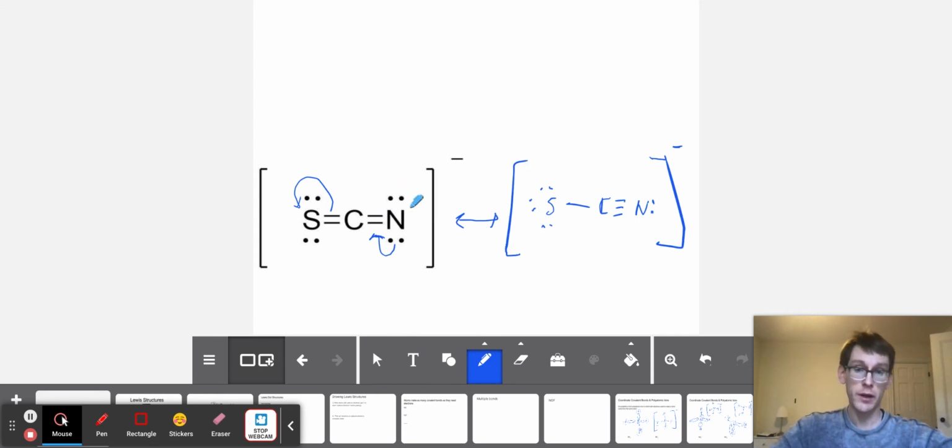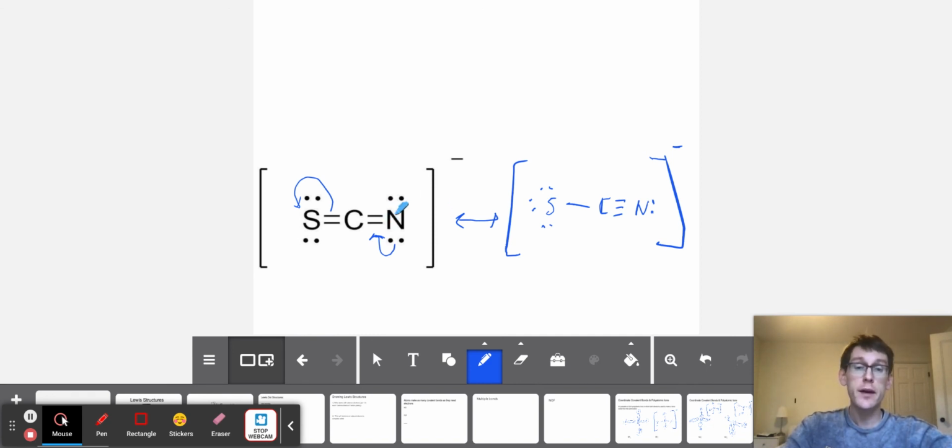Notice we have two lone pairs on the nitrogen and two on the sulfur in this structure. But when we get to here, we've dropped it down to one lone pair for the nitrogen and added one to the sulfur. So the question is, which of these two atoms, nitrogen or sulfur, should have that extra lone pair?